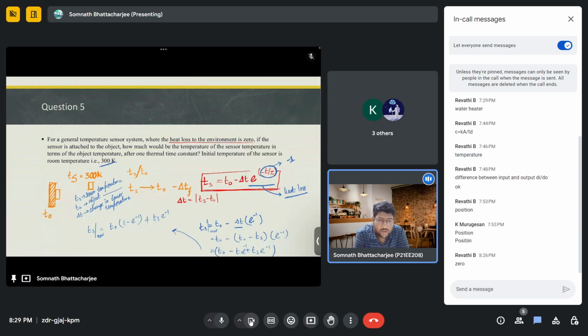What is the value of e to the power minus 1? This is nothing but 0.367.